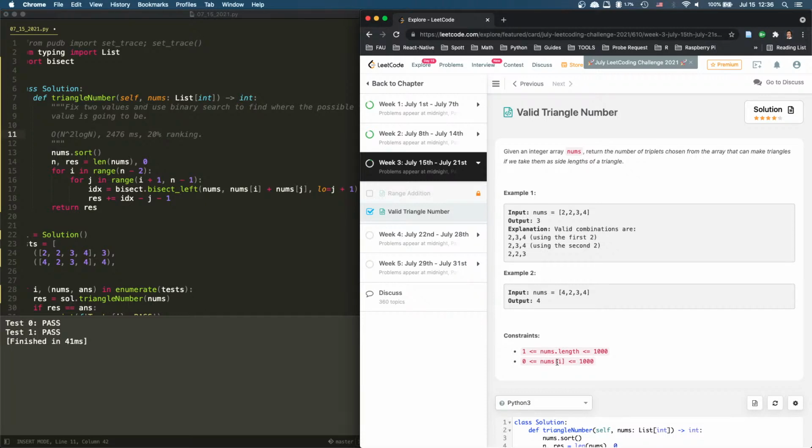Now we can ask the question. We do 2, 3, right? 2 plus 3 is 5. So we ask how many are smaller than 5 starting from 0, 1, 2, to the right of position 1. So to the right of position 1 and 5, we find there are 2, right? And then 2 plus 4 is 6.